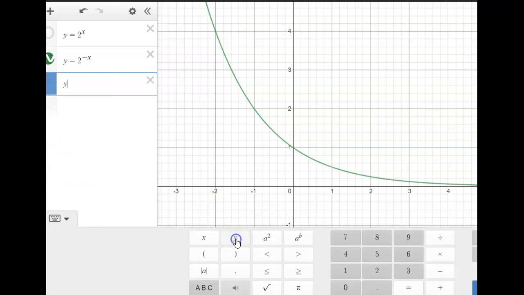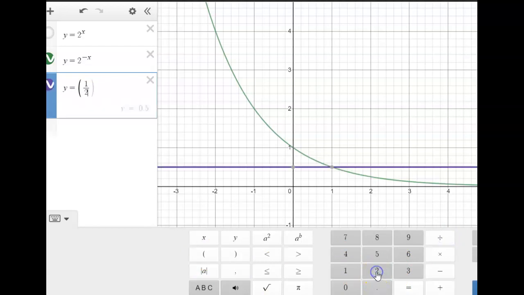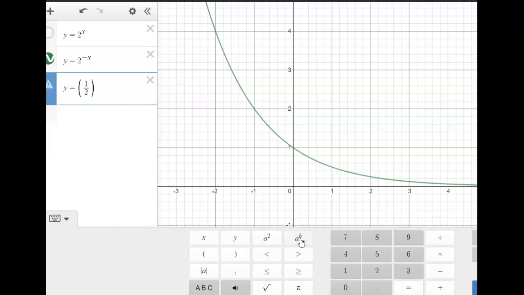I'm going to have y equals, and then as the base, I'm going to enter 1 over 2 as a fraction. I'm just going to use the arrow to get out of the parentheses, and then use the a to the power b to use the exponent symbol here and put an x there. And so as you can see, the two graphs are overlapping.